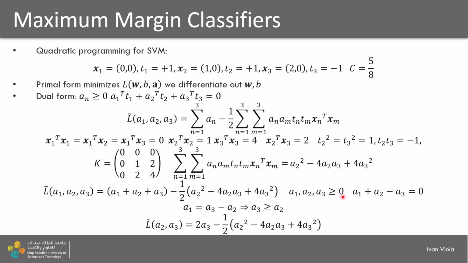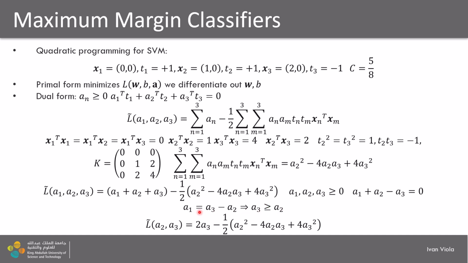That means that our a1 is simply a3 minus a2. That also leads to the fact that a3 needs to be bigger than or equal to a2, because otherwise a1 will be negative, and a1 cannot be negative. Therefore, a3 needs to be bigger than or equal to a2.